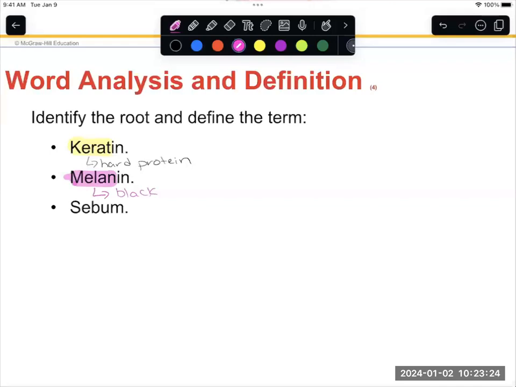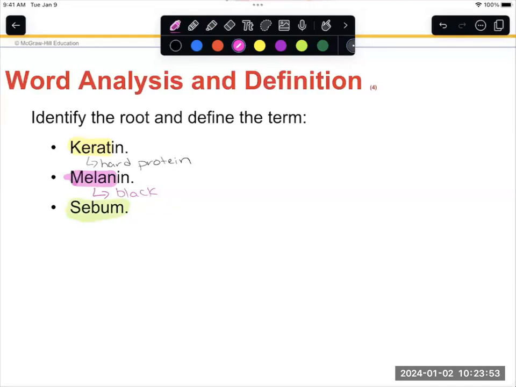Your hair color is produced through those melanocytes that produce melanin. And even at the back of your eye, there's a layer in your eye that has melanin that helps to absorb sunlight into your eye.